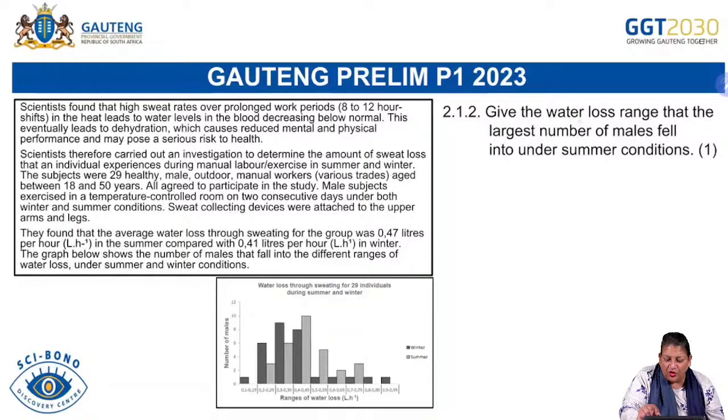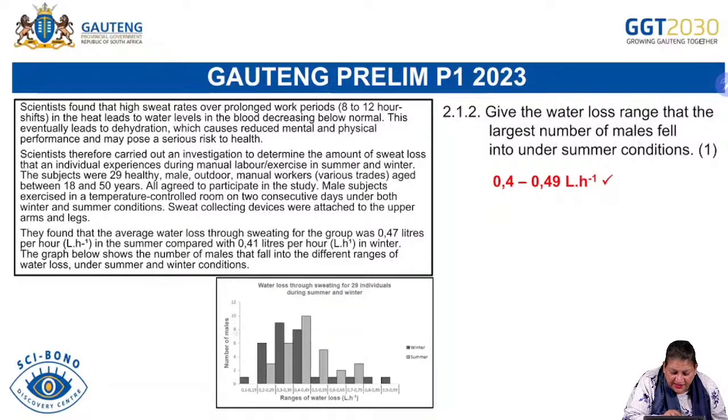So give the water loss range that the largest number of males fell into under summer conditions. Now, if people are working outside for long hours and they're sweating, they sweat more in summer when it's hot. So what is the highest water loss range, or the largest number of males that fell into?